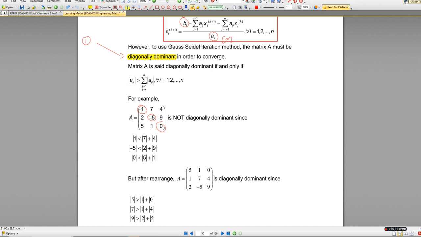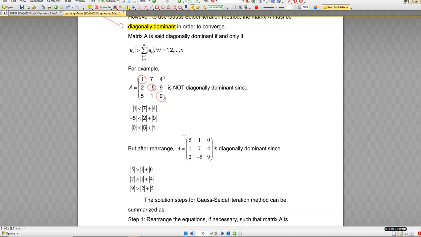It's not, because one is lesser than the others. 5 is lesser than the others, and 0 is lesser than. So the term diagonally dominant means that the diagonal element, this one, should be higher, or the value is higher than the others.